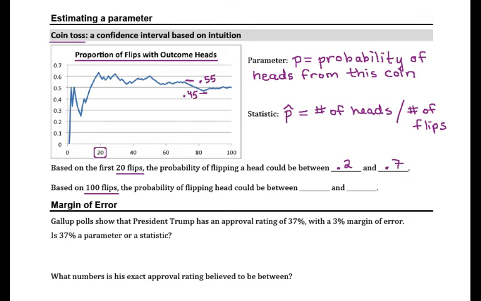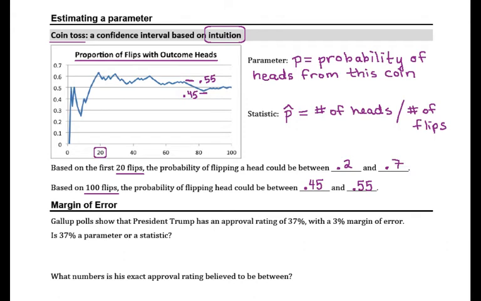I now feel pretty confident that the probability of flipping a head is between these two values. So I'm going to put these as my bounds. But certainly there isn't just one right answer for this, and we are doing this based on intuition. We're not doing any formal calculations for this. Just based on the graph, what can we see?